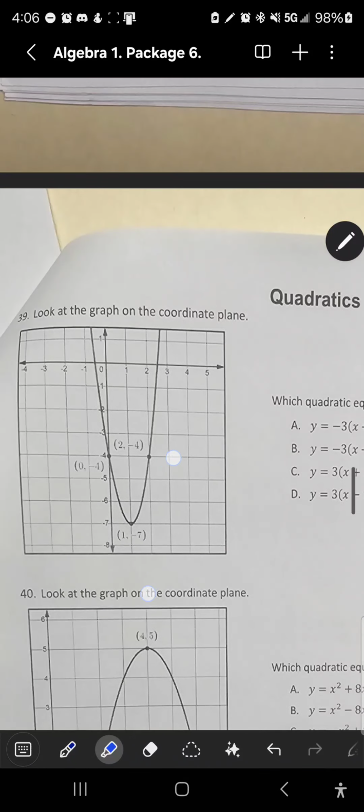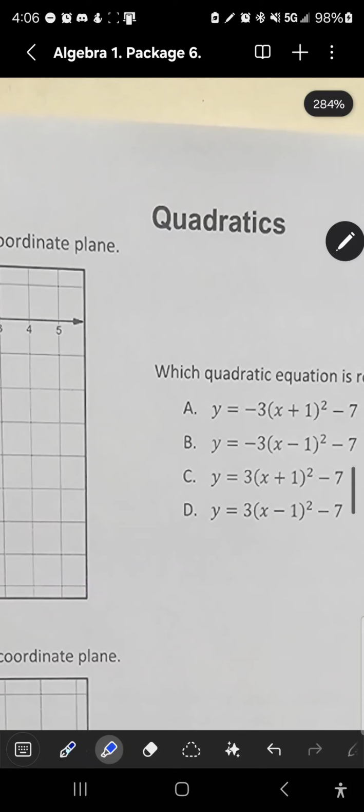Now we need the equation again. It is going up, so we don't have a negative here.